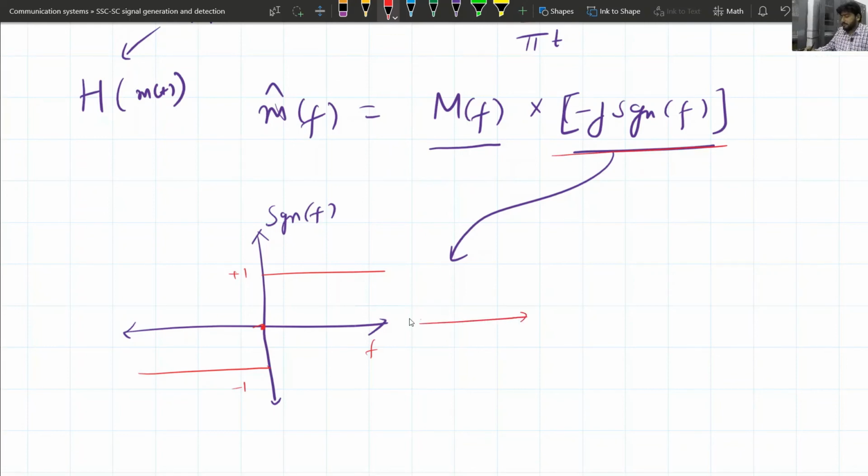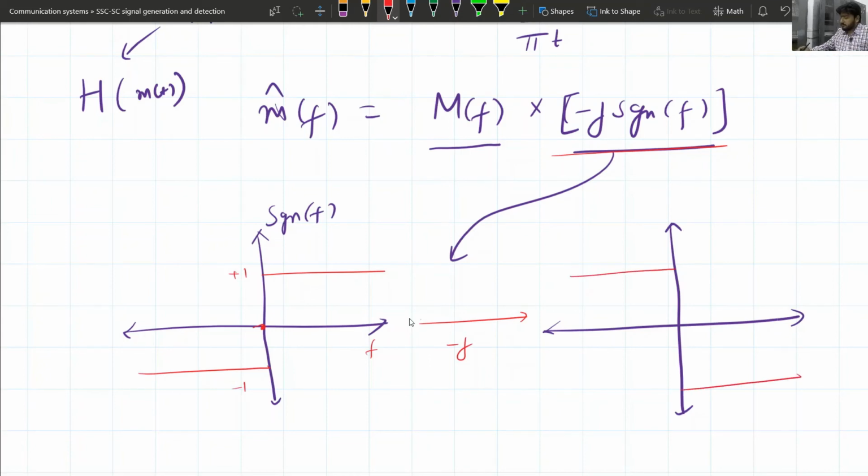Doing the transformation, multiplying with minus j, we will obtain the graph as plus j, this will be minus j.